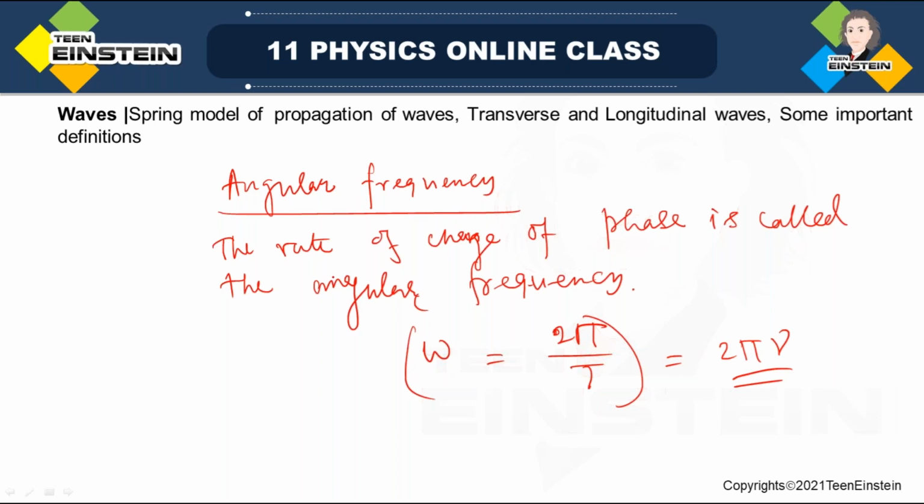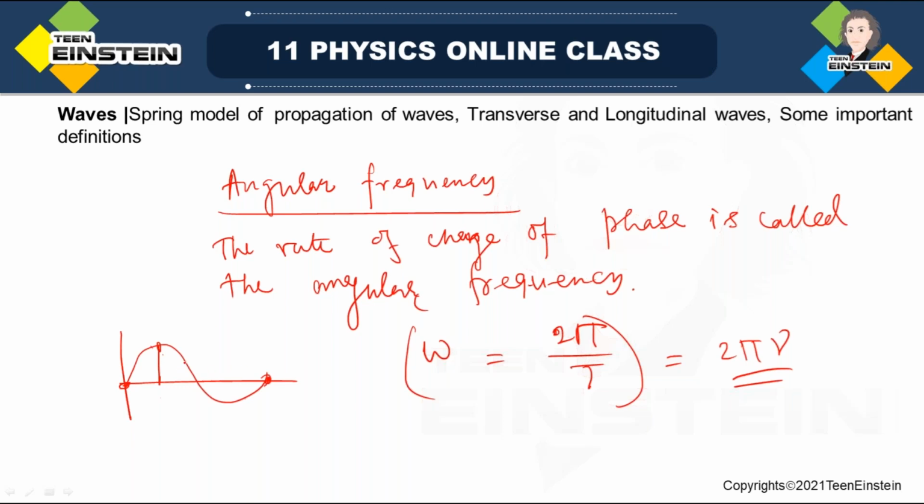Now wavelength is the length or the distance of a full wave. So if this is one full wave, this length is called a wavelength. Okay, it is the distance covered by a wave during the time in which a particle of the medium completes a full vibration.